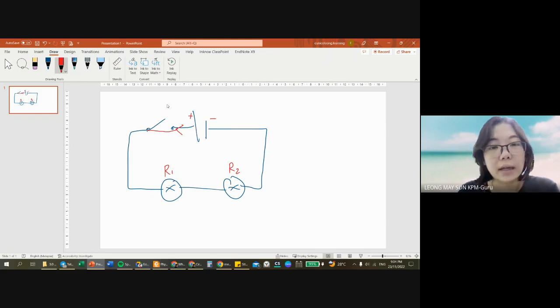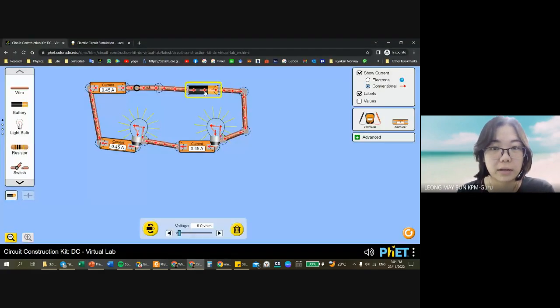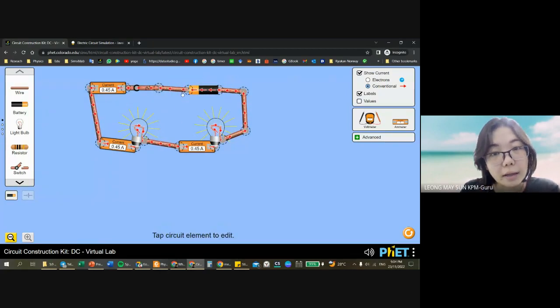So here I label the total current flowing in the circuit as I total. The current that passed through resistor 1, I label as I1. The current that passed through resistor 2 is I2. From the simulation that we see just now, it is reversed, so I'm going to switch this around. The current that comes out from the battery, I total, is 0.45 ampere.